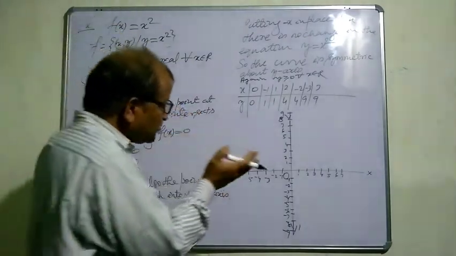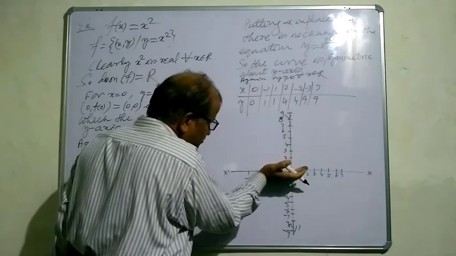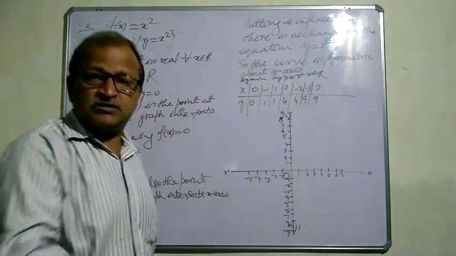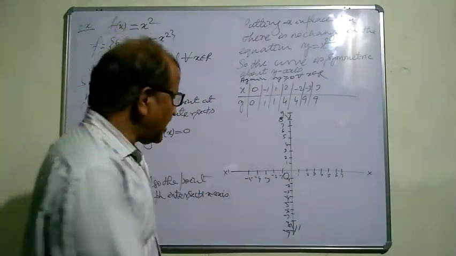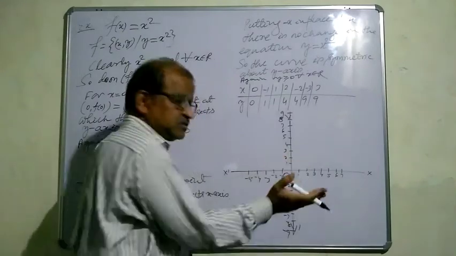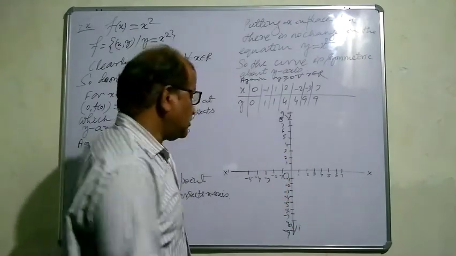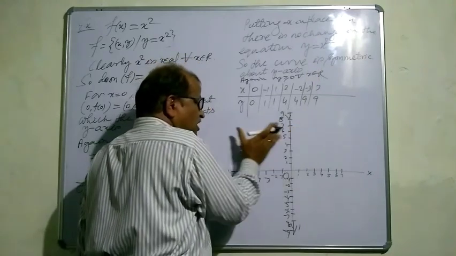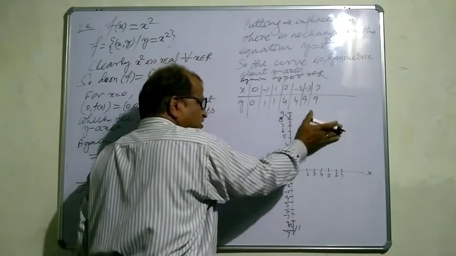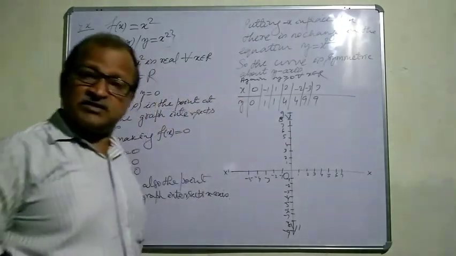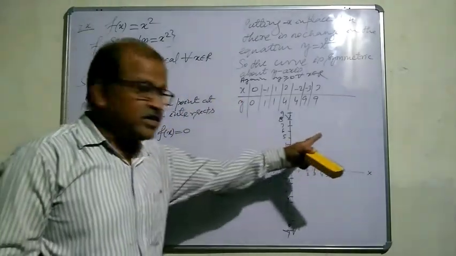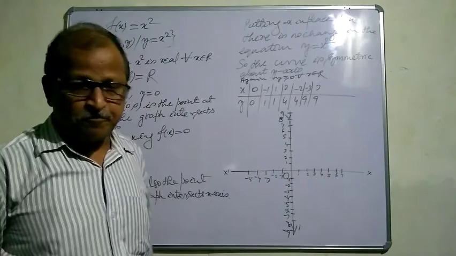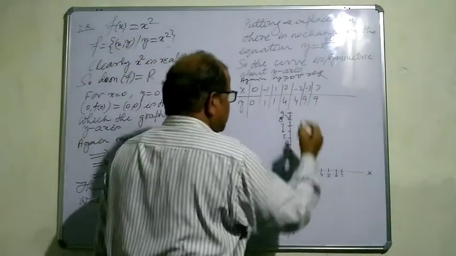So no part of the curve will lie below the x-axis. So now let us plot the graph. We are confirmed the curve will lie in these two quadrants, first quadrant and second quadrant. Let us plot the points.